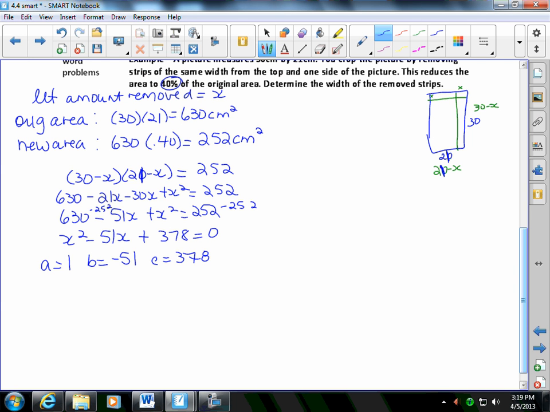So my quadratic formula, I'm going to finish this over here. So x is equal to negative b plus or minus square root b squared minus 4ac all over 2a. x is equal to, the negative times negative 51 is positive 51 plus or minus negative 51 squared minus 4 times 1 times 378 all over 2 times 1.